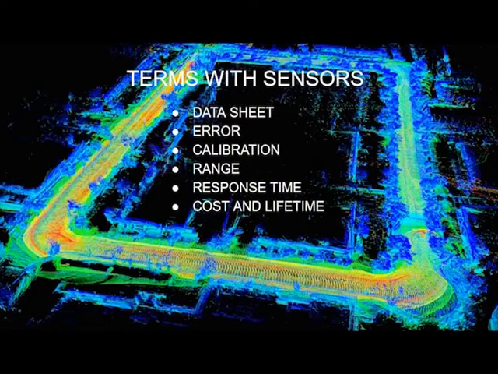Next, we come to the range of the sensor. The range of a sensor, as the name suggests, is the minimum and maximum value of the concerned parameter that can be measured by the particular sensor.